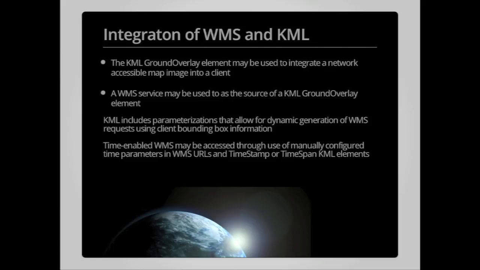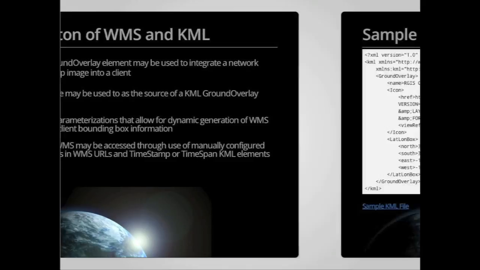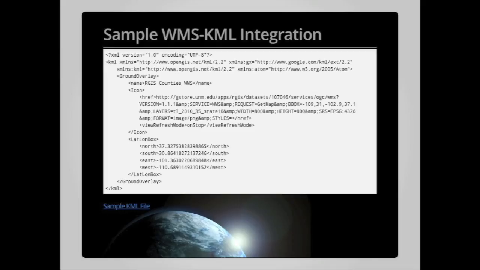You can also take advantage of the time support in KML to link to multiple time-enabled web map service requests, which in client applications like Google Earth that provide an interface for being able to navigate through time, provide a very powerful tool for being able to view sequential map images associated with data that are published via web map services.